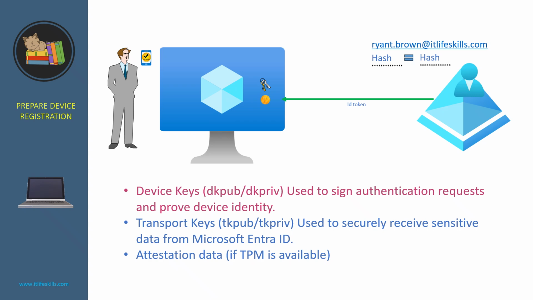It then generates the transport keys, which include the transport public key and transport private key used to securely receive sensitive data from Microsoft Entra ID. Finally, it generates attestation data if the TPM chip is available.